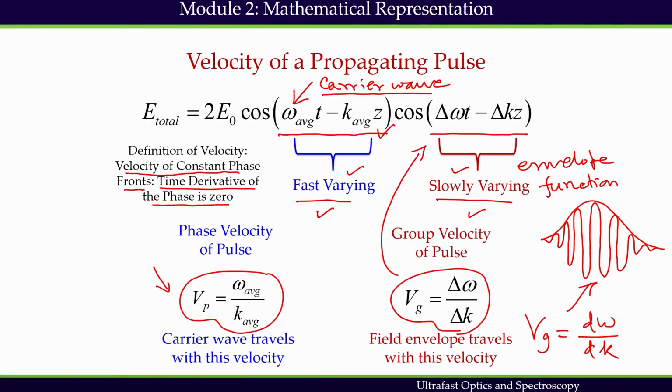But in a dispersive medium, they can be different, and when they are traveling, one of them may have a different velocity than the other. So the basic idea of group velocity and phase velocity comes from the fact that group velocity is always going to be the velocity of the envelope function, and phase velocity is going to be the velocity of the carrier wave.